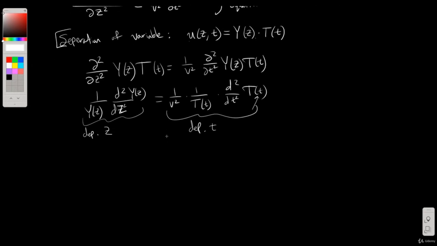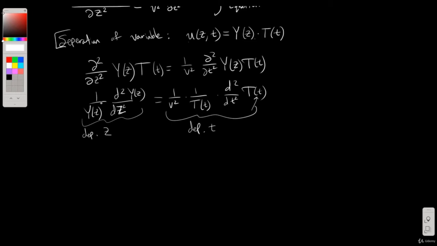They have to be equal to a constant because the variation in z doesn't mean anything to t, and the variation of t doesn't have any implication on z. And so if they're equal to one another, which is what we're saying here, then both sides of this equation by necessity have to be equal to a constant. And there are ways of proving this. If you go through the separation of variables, this is made clear, and this fact is reiterated over and over again.